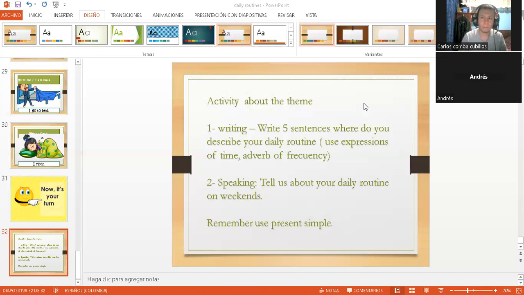Well, usually on weekends, I wake up at 5 o'clock in the morning. I have breakfast, prepare the day to go to class, to swimming class, and I take about 1.5 hours to get to the class, and I have practice for about 1 hour.